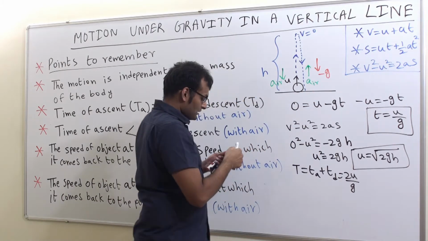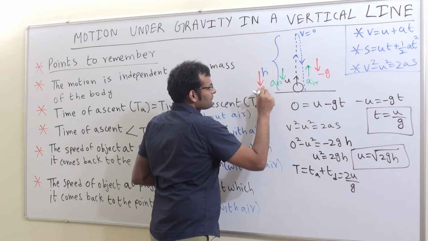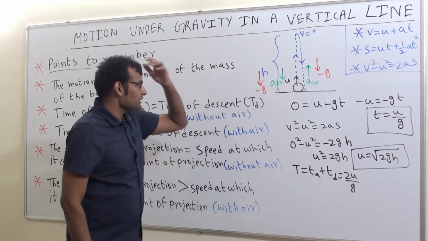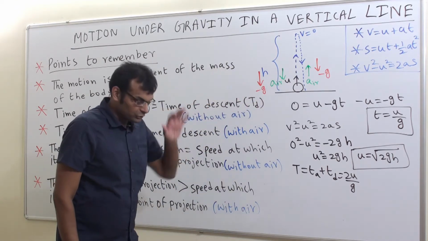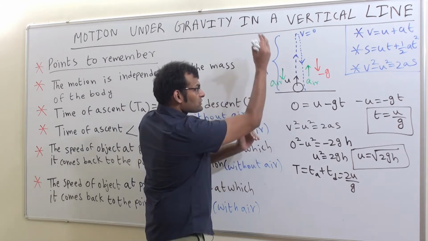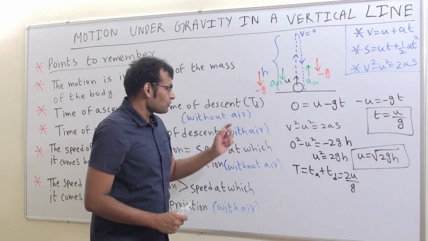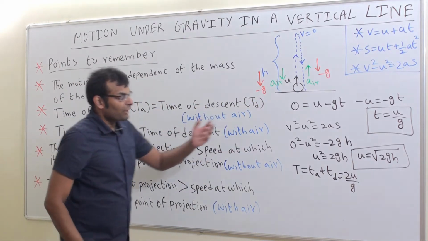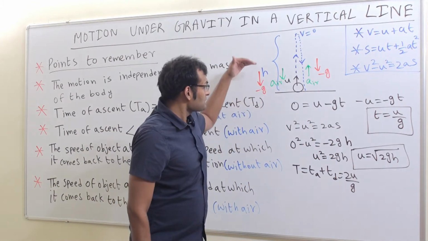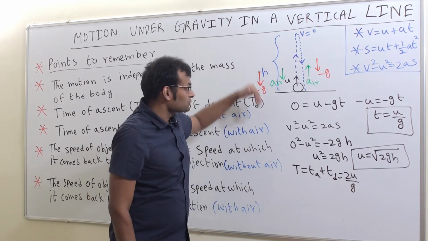So you can clearly see while the ball is going upwards, what are the different forces acting on it? Minus g is pushing it downwards, air is pushing it downwards, because air always opposes the direction of motion. So what would be the time of ascent? Air is pushing down and gravitational force is pushing down the ball.